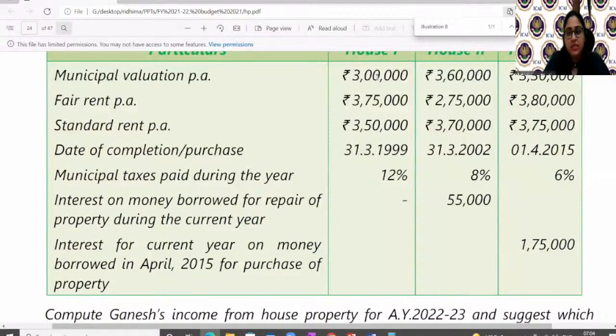In the second case, expected rent would be 3,60,000, and in the third case, expected rent would be 3,75,000. Now quickly, tell me what is the income from house property for all 3 of them, considering them as let-out property.